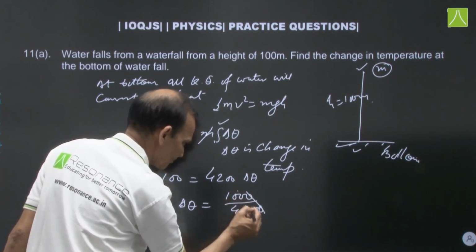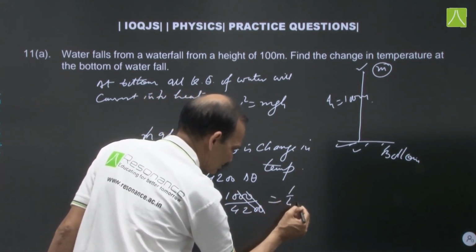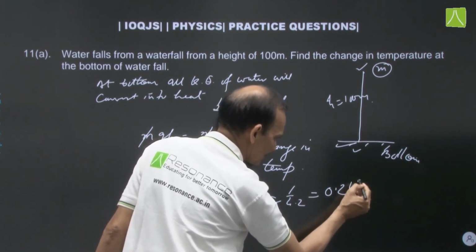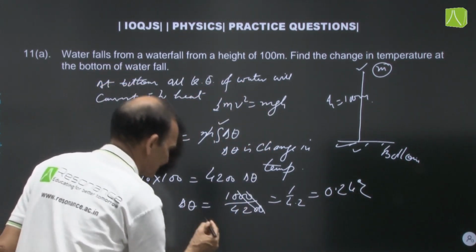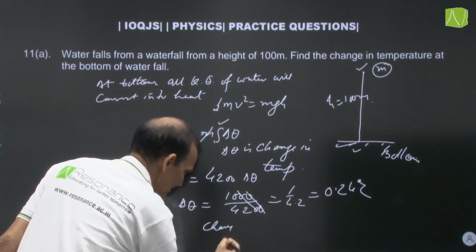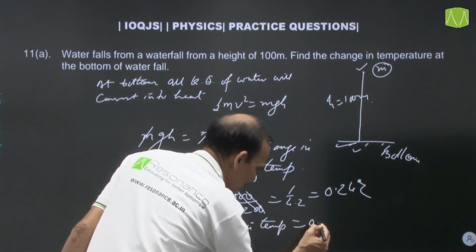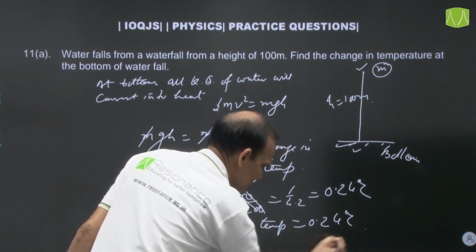It is cancel. It is 1 upon 4.2 is the value of J, that is 0.24 degree Celsius. Change in temperature, that is equal to 0.24 degree Celsius.